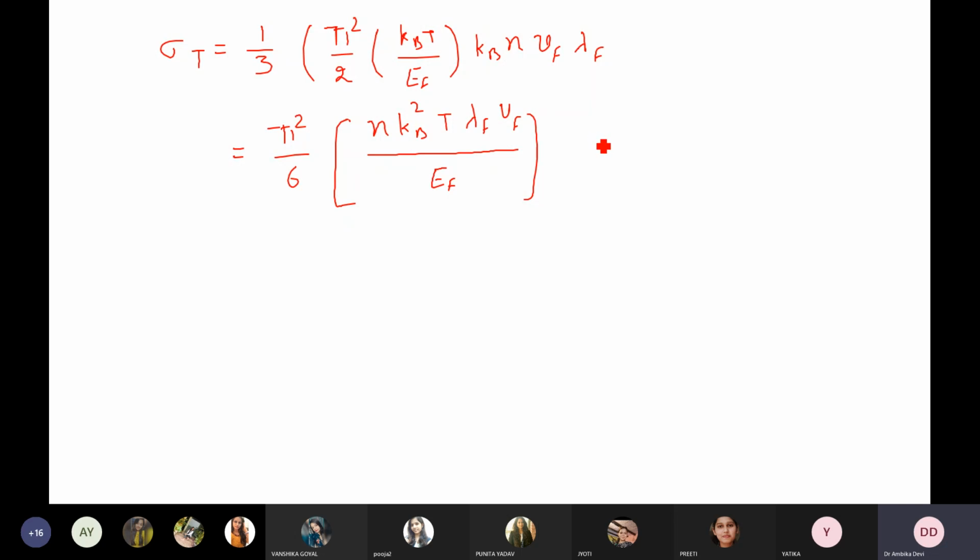Again, one modification could be done here, because we know that at the Fermi level the velocity of the electrons is given by Ef equal to 1 by 2 m Vf square. So from here you can substitute the value of Vf. So this could be written as pi square by 6 into n kB square T lambda f Vf.